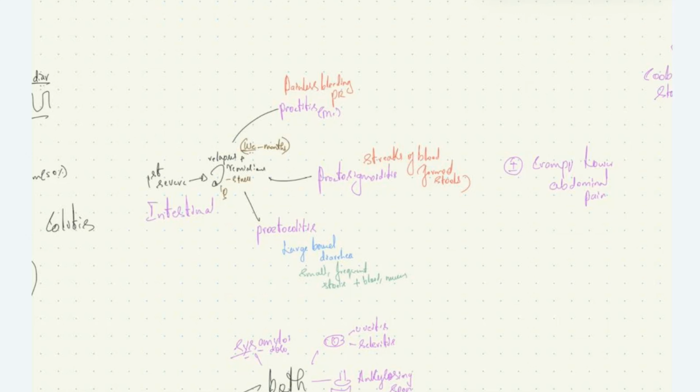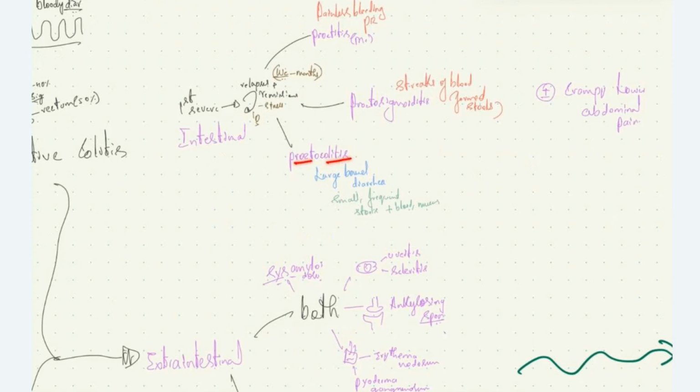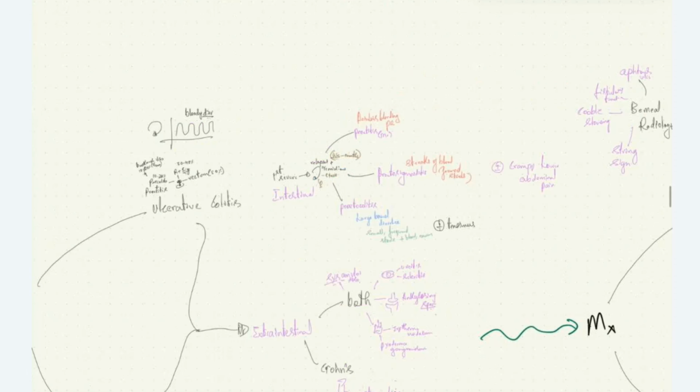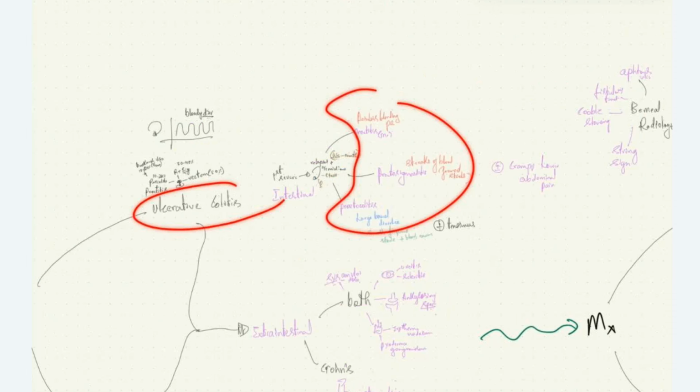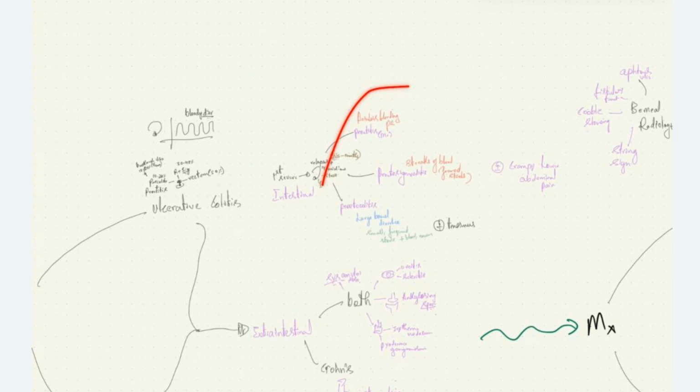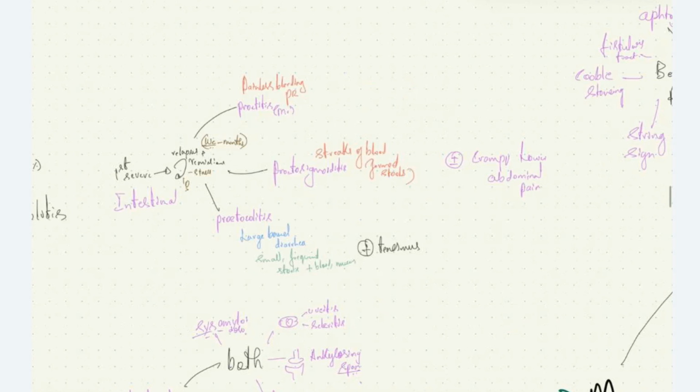Due to proctocolitis, the patient may have large bowel diarrhea, that is, frequent small volume stools along with blood, mucus, and pus, associated with tenesmus. These are all the intestinal manifestations seen in ulcerative colitis. Only some patients complain of crampy lower abdominal pain.